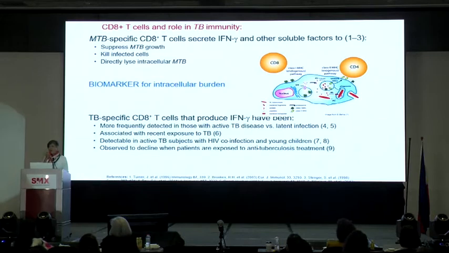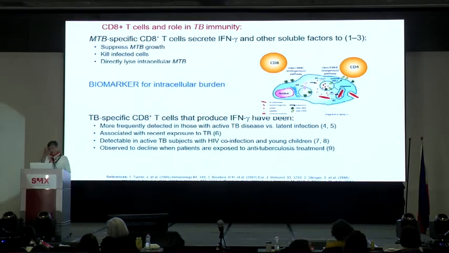And so where do you see the CD8 response? Basically, you'll see it more frequently in active TB compared to latent TB, because of course the burden is higher. You're going to see it in contacts or those who are newly infected. You have good responses in HIV because HIV does not impact CD8.